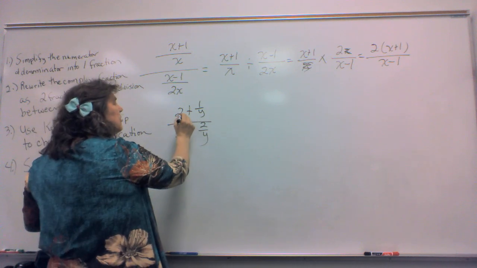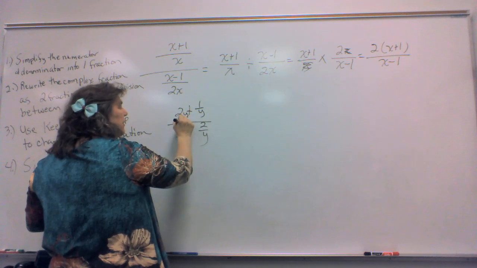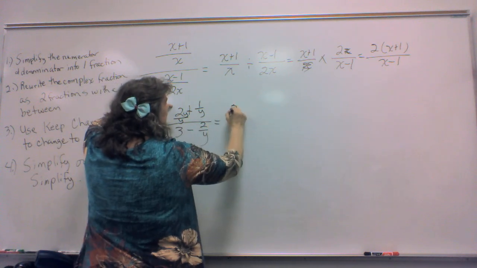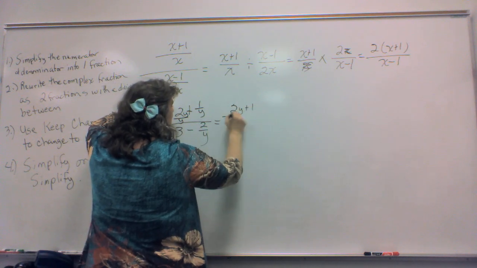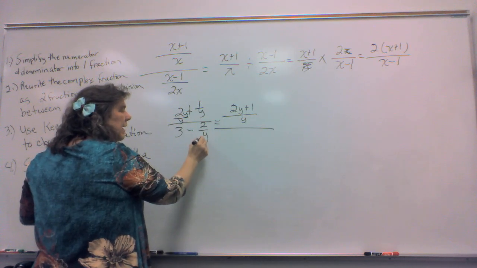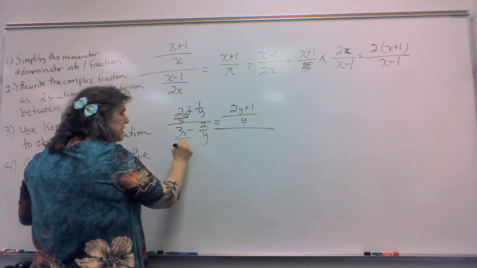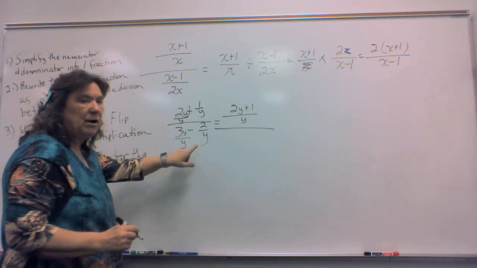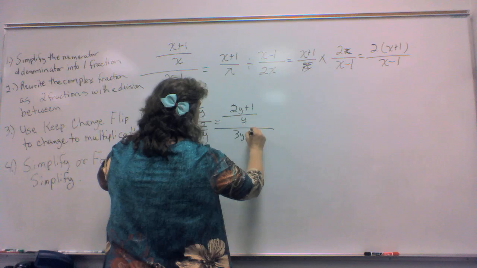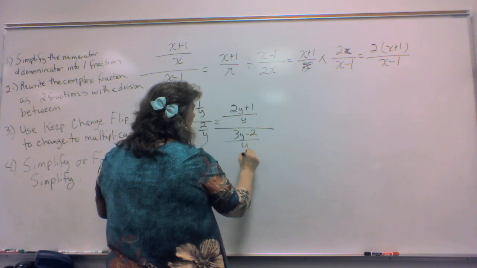That means I'm going to have to get a common denominator here by multiplying both top and bottom by y, giving me 2y plus 1 over y. And the same thing here. I have a y in the denominator, so I have to do the same thing here to get my common denominator of y. So this is 3y minus 2 over y.